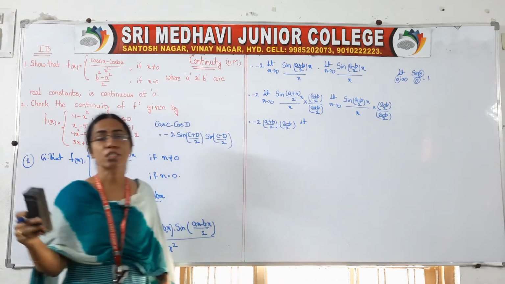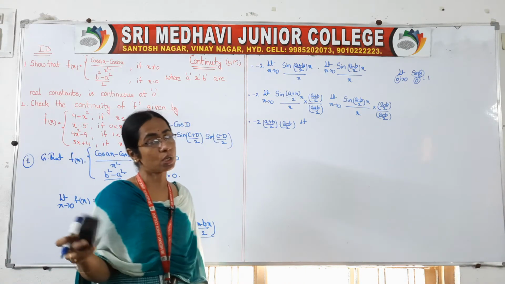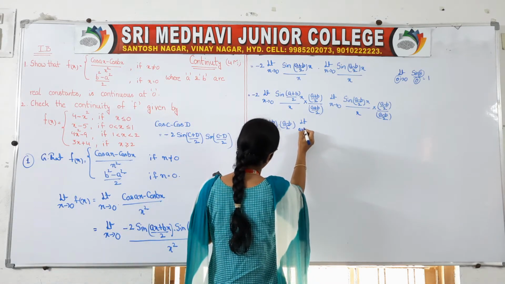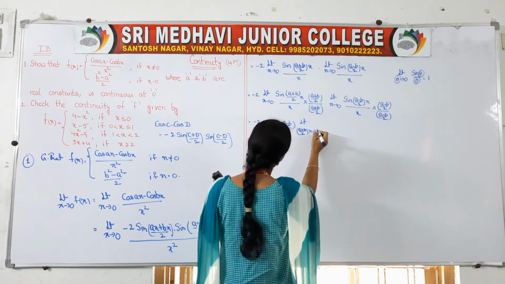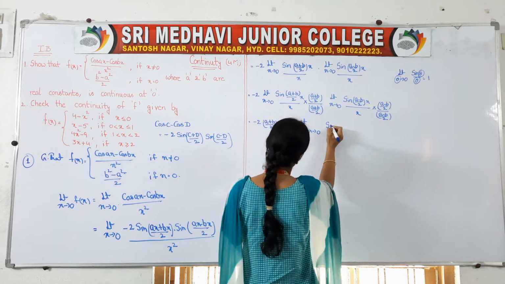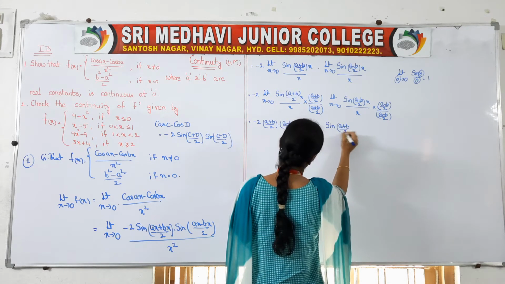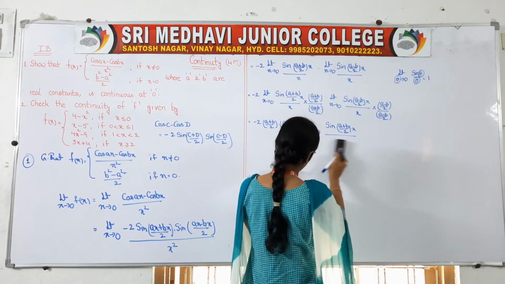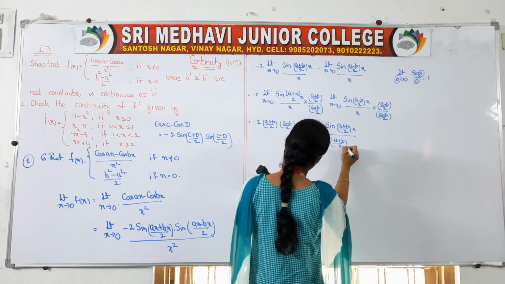Since x is almost equal to 0, x into something is also 0. So instead of x, we can write a plus b by 2x tends to 0 sine of a plus b by 2x by a plus b by 2x.